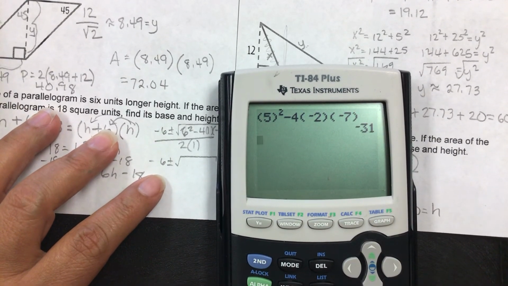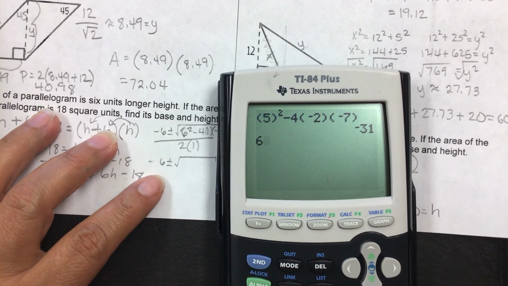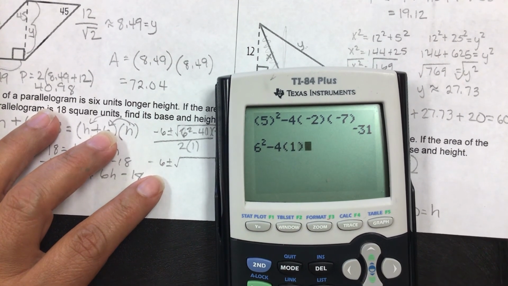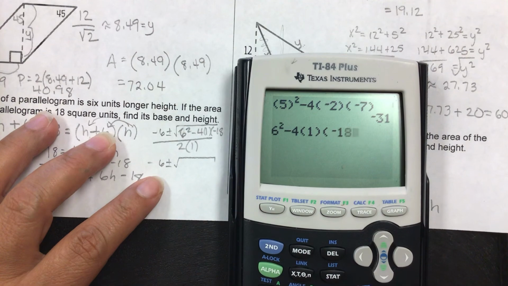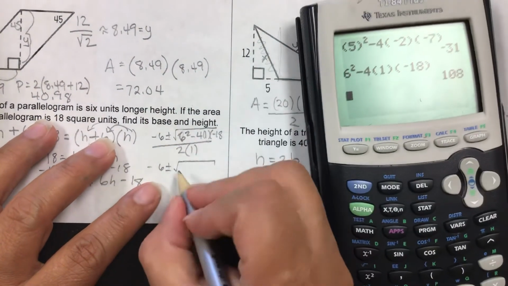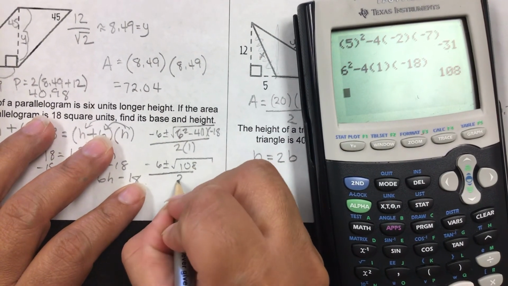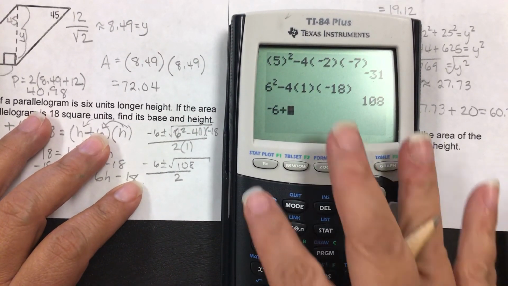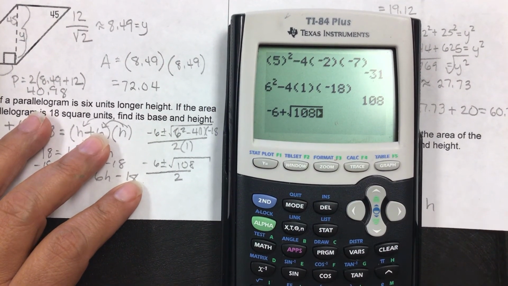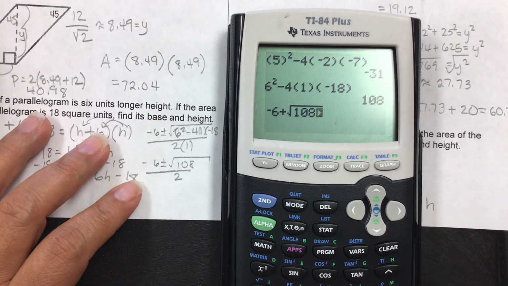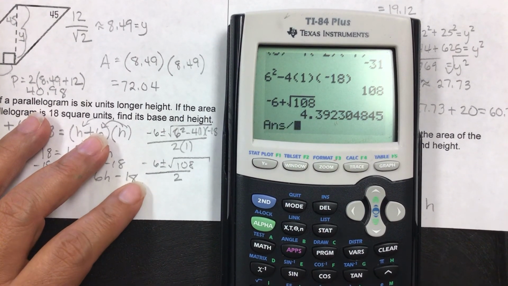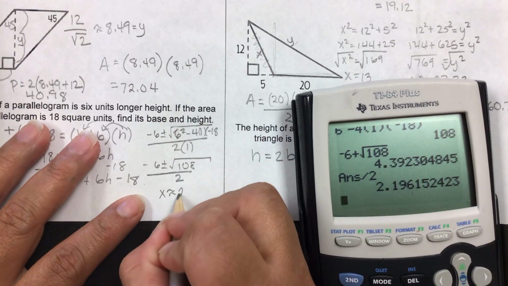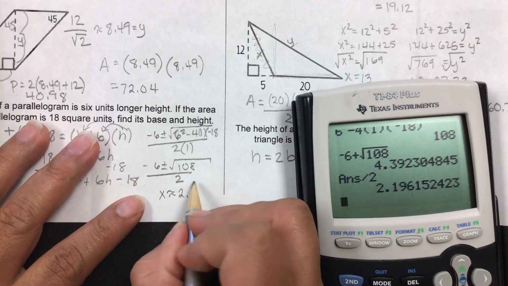And so what I think is that it didn't factor. That gives you 108. Then we do negative 6 plus the square root of 108, and then divided by 2. X is approximately 2.17.